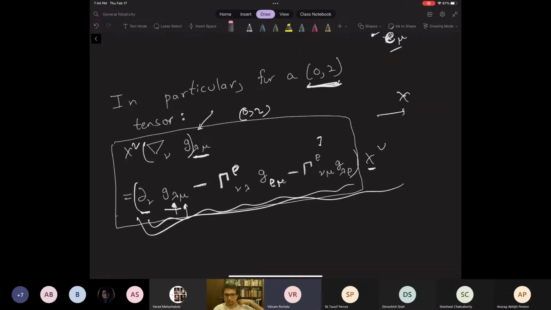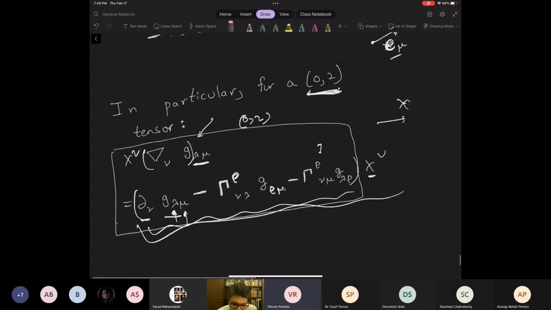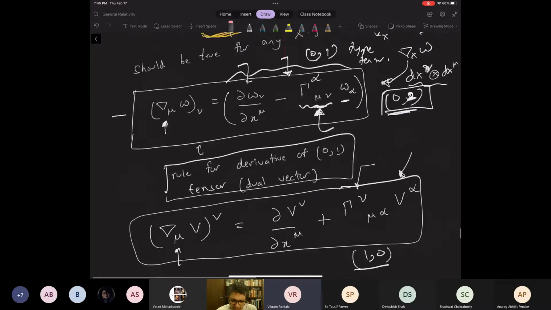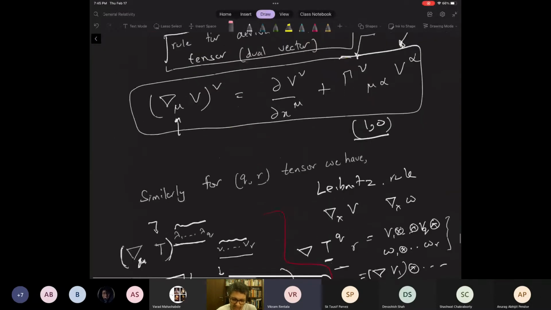Any questions here about this transformation rule? Of course you have to work through it to really familiarize yourself with this action of the derivative in components.